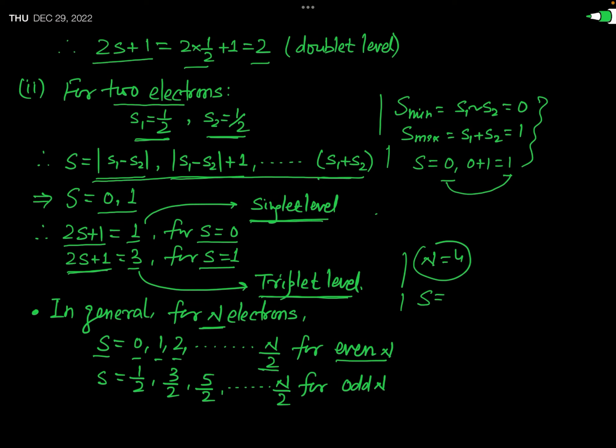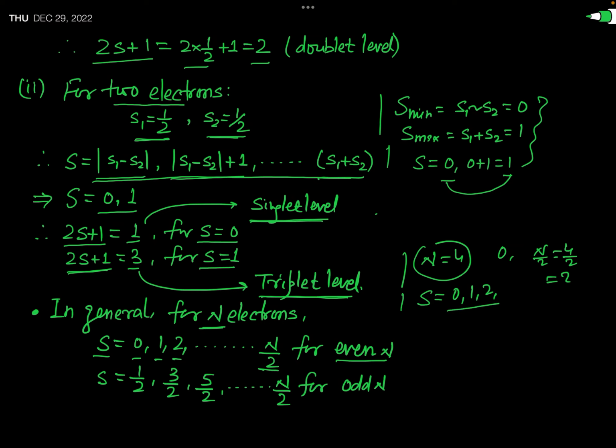This will be equal to 0, 1, 2, because the last number should be n by 2. So the first number is 0, the last number is n by 2, and here n is 4. So this will be 4 by 2, and that is equal to 2. So in this condition, S will have 3 values, 0, 1, 2.